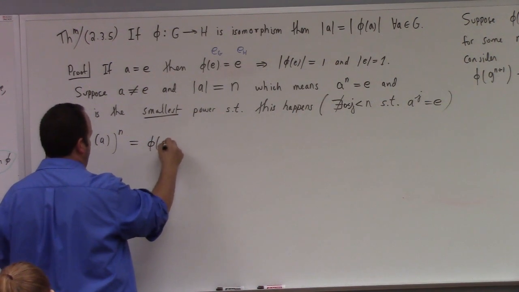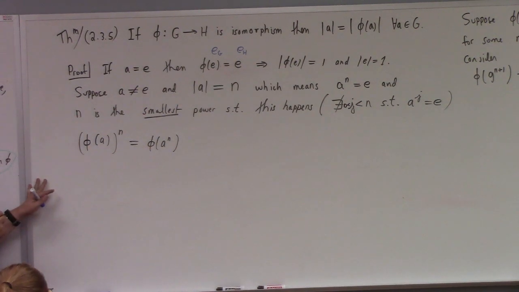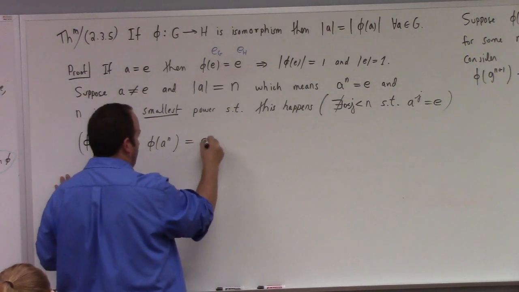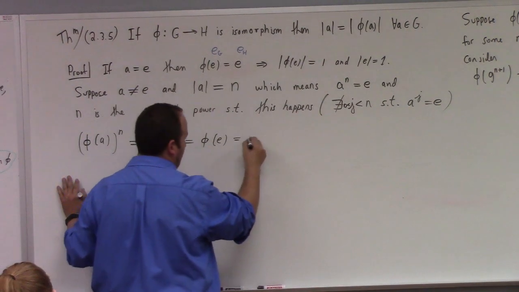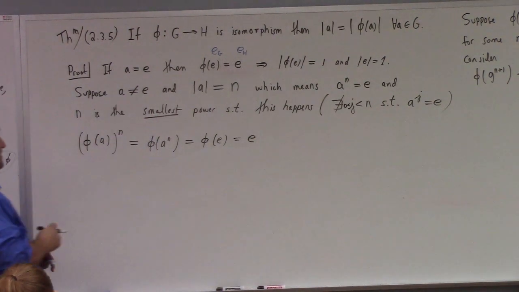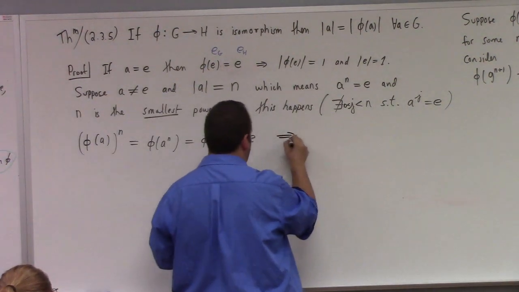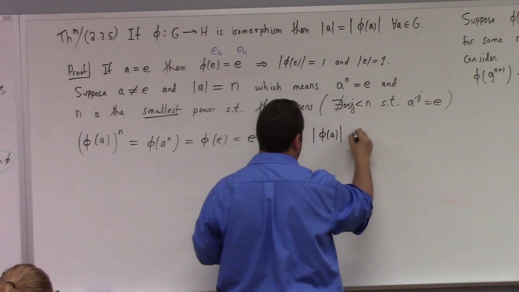Phi of A to the n, right? By what we just worked through. And what is A to the n? It's the identity. And what's phi of the identity? It's the identity. So what's this tell us? This tells us that the order of phi of A is at most n.